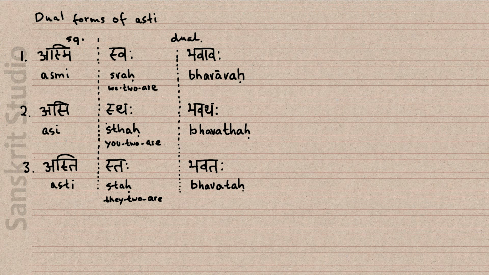So then the idea is that if we try to look at these endings here, we see that vaha in the first person is a sort of common denominator, and similarly here taha is the common denominator, and in the last case here taha is the common denominator.